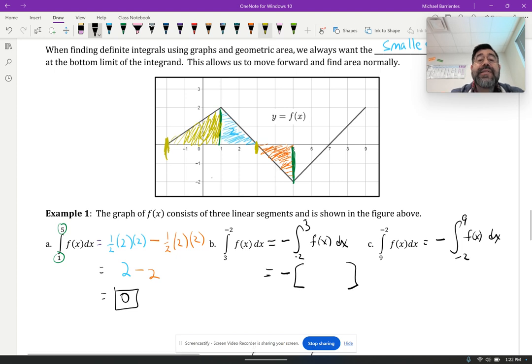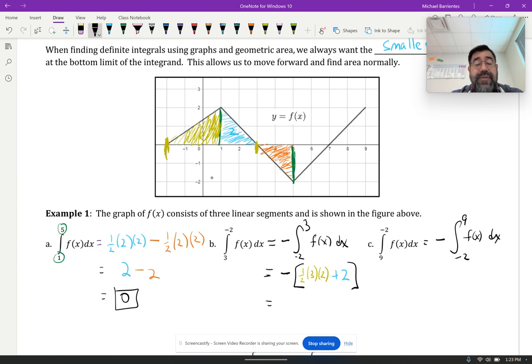Well, I notice that this, I don't know what color this is, but it's going to be positive, this triangle. And it's a triangle, so it's 1/2 base times height, plus the other part, which we had already figured out in letter A. And I can put these two together and I can get an answer, right?